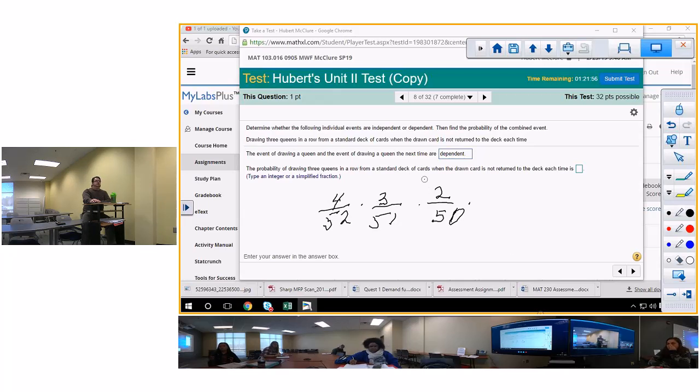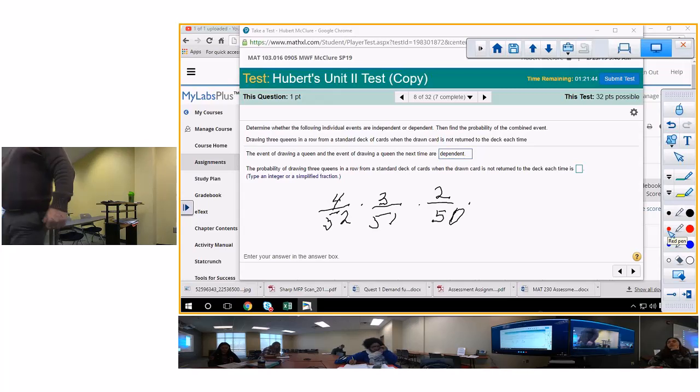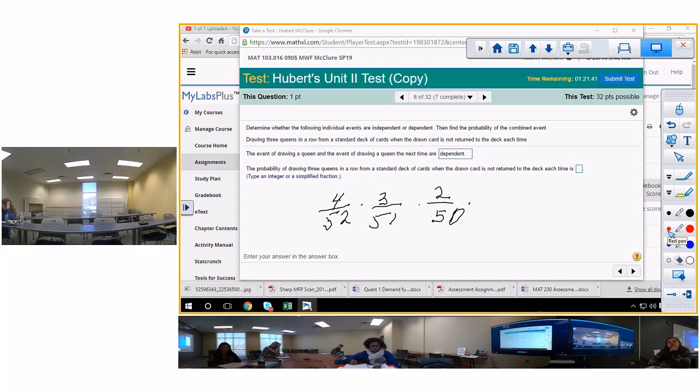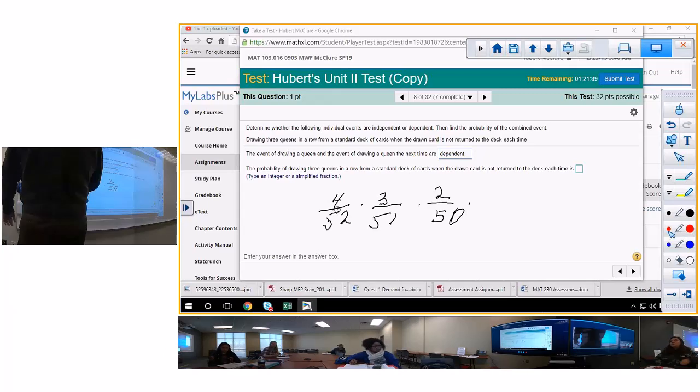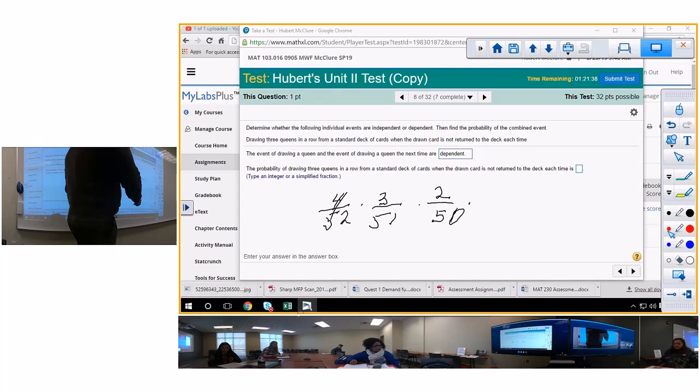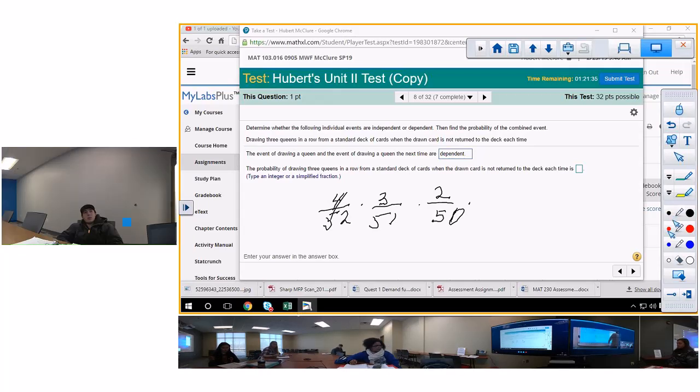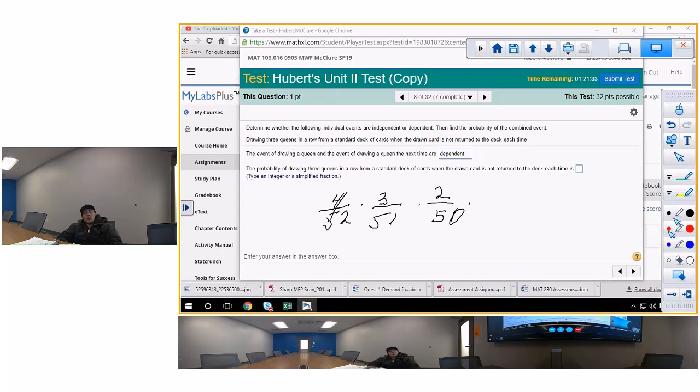Well, they want you to do a fraction. So first of all, I'm going to cancel some things out to make it simple. How many times will 4 go into 52? 13.